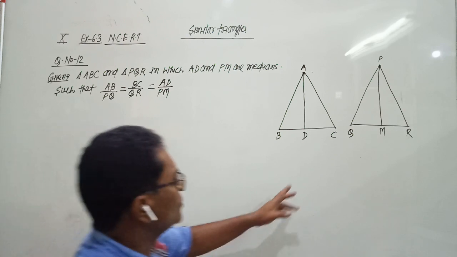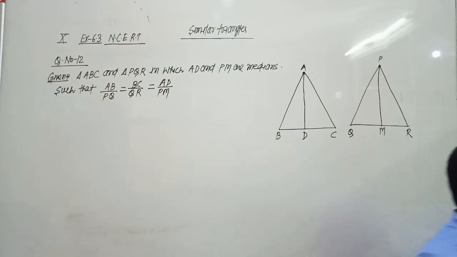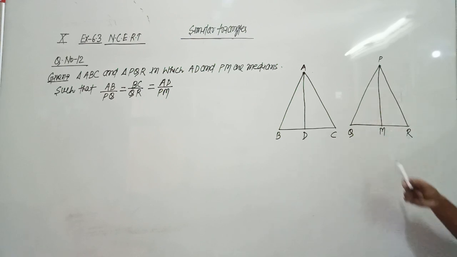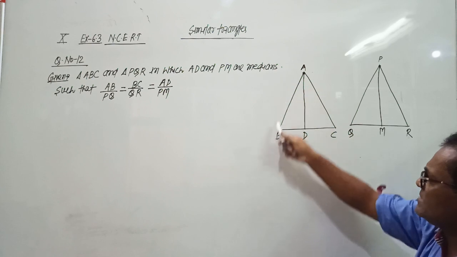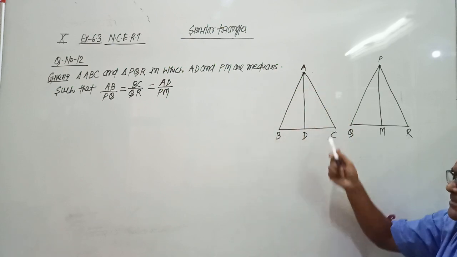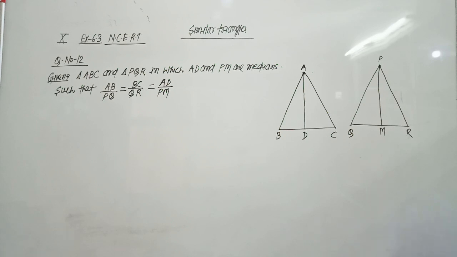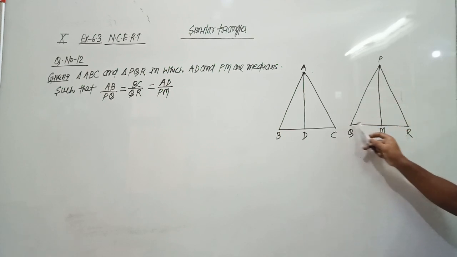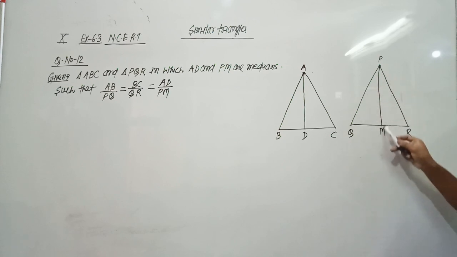So we have given two triangles ABC and PQR in which AD and PM are medians, and side AB, BC and median of triangle ABC are respectively proportional to the sides PQ, QR and median PM of another triangle.